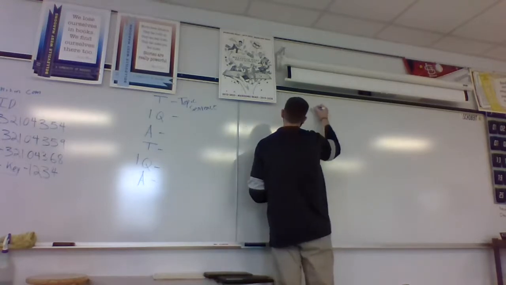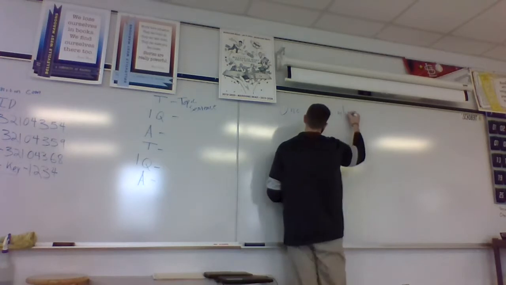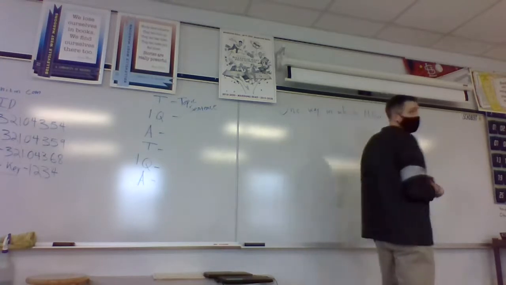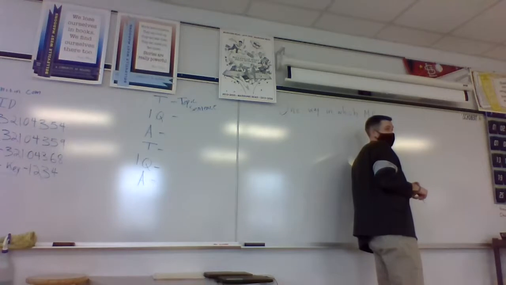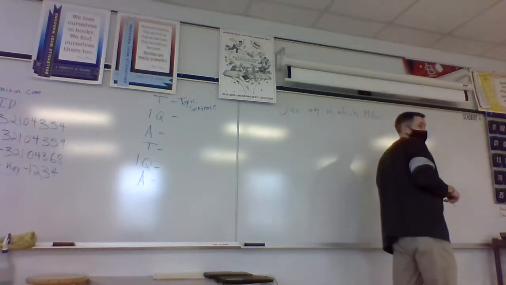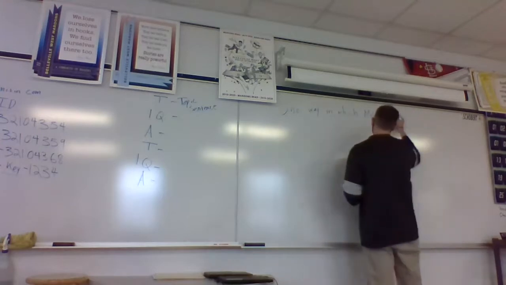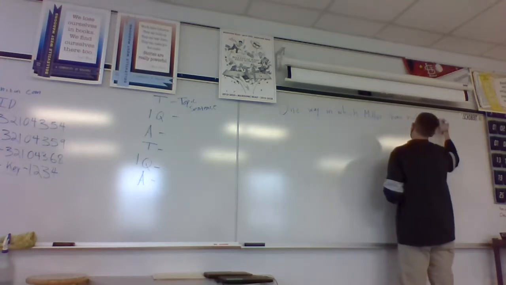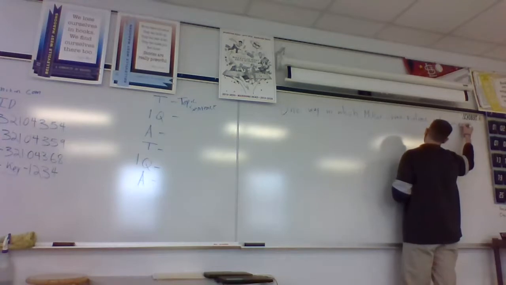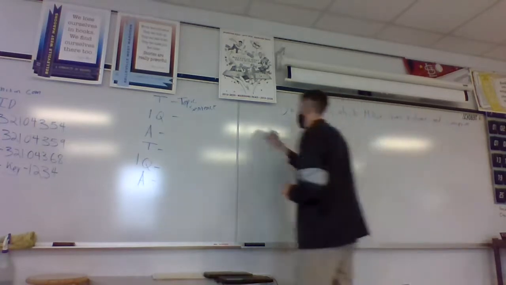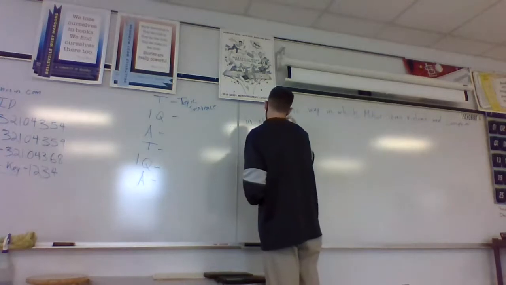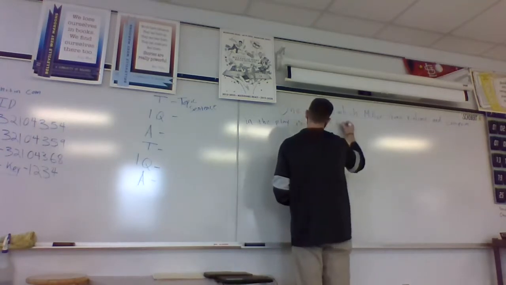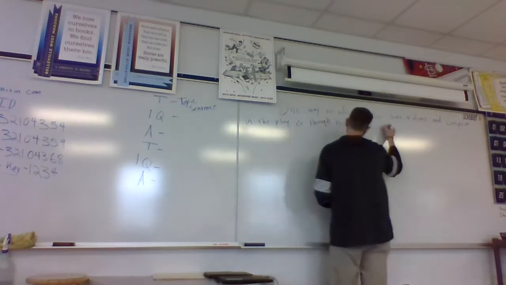One way in which Miller shows violence and corruption in the play is through his use of characterization.